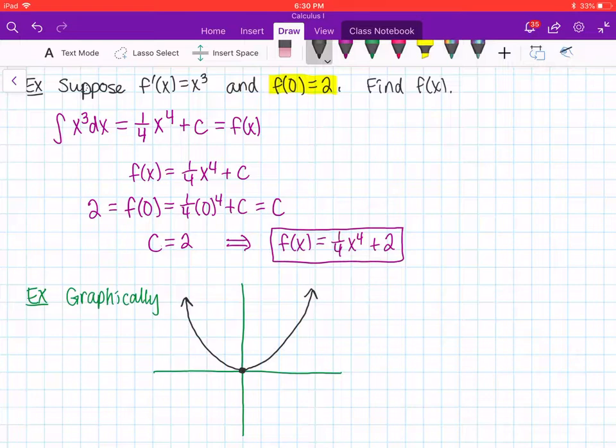And then remember, we had it as 1/4 x to the 4th plus c.